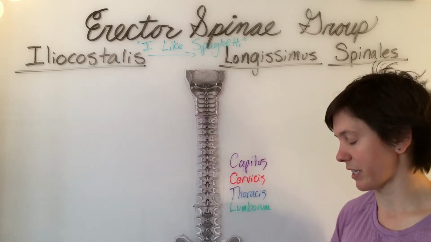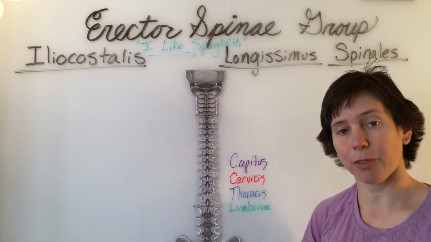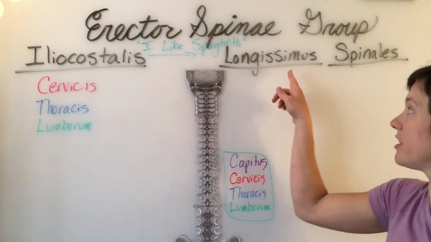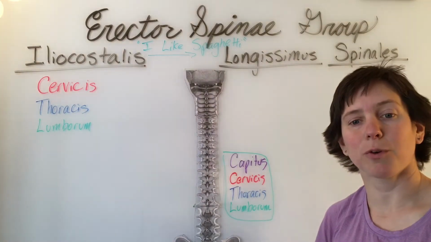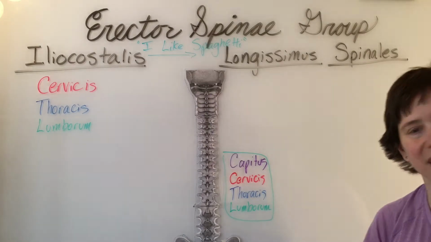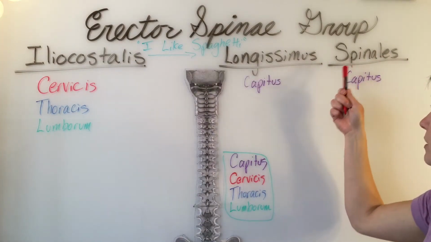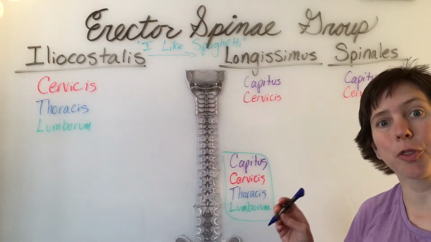So Iliocostalis consists of cervicis, thoracis, and lumborum. The other two groups, the Longissimus and the Spinalis, do not have a lumborum section, but they do have capitis. So each Longissimus and Spinalis will have a capitis, a cervicis, and a thoracis.